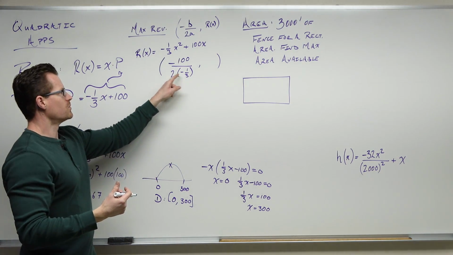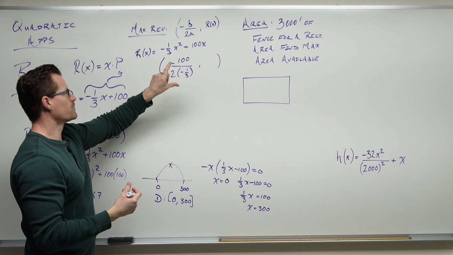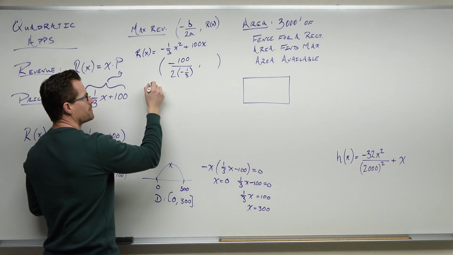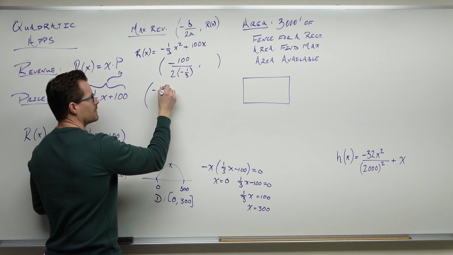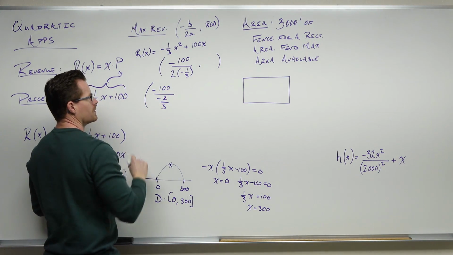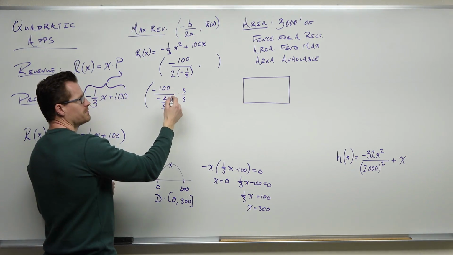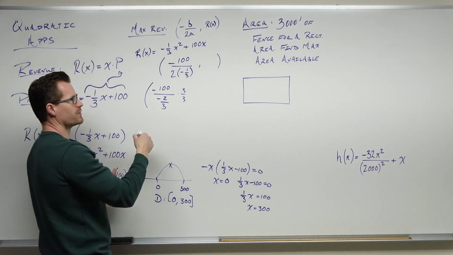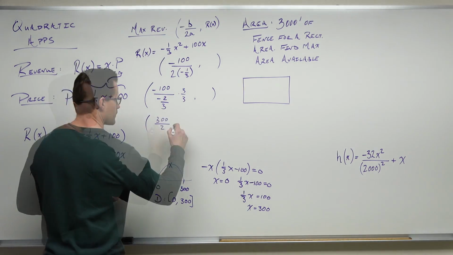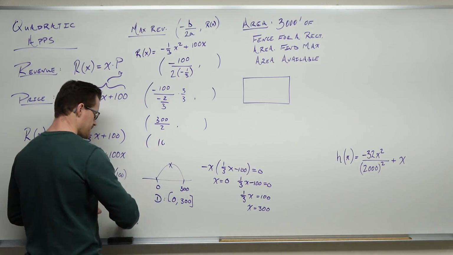One thing, because we have a complex fraction here, we can multiply both the numerator and denominator by 3 or negative 3. If we do that, multiply by 3 over 3, then we get maybe negative 3, doesn't really matter. Negative over negative is going to be positive anyhow. We're going to get 300 over 2. And that gives us 150.